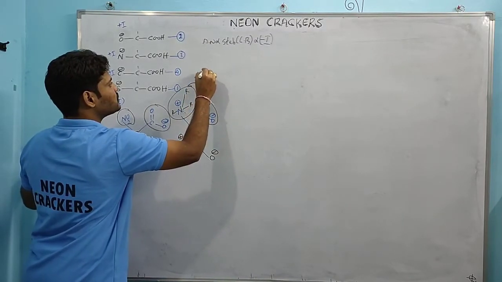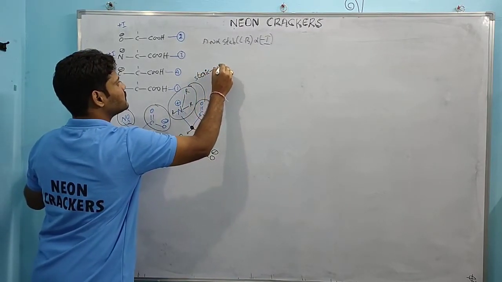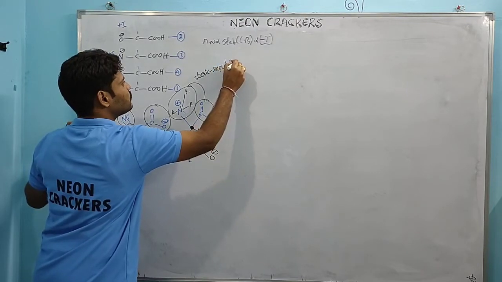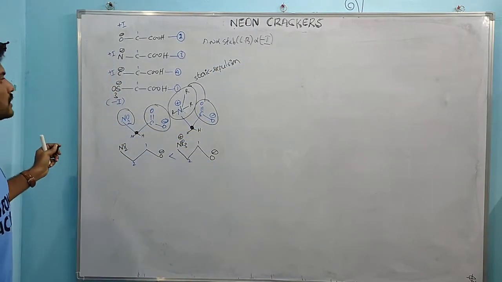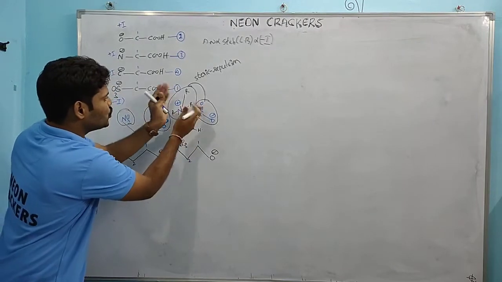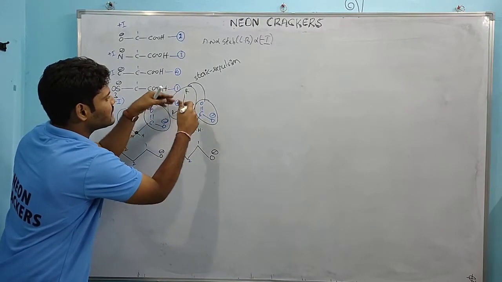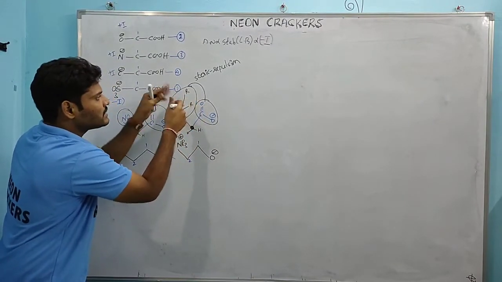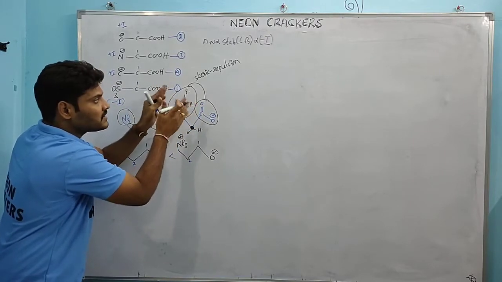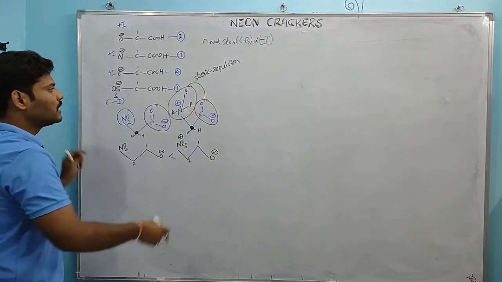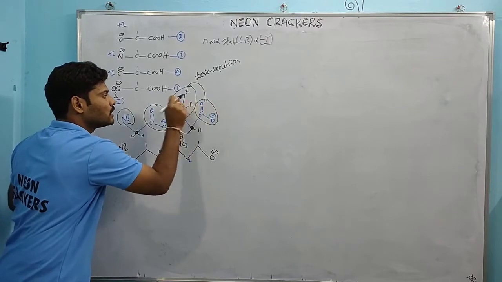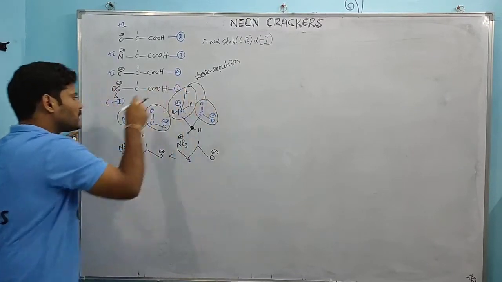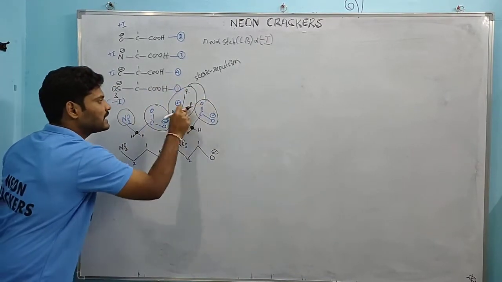Steric repulsions. A single carbon has two bulkier groups, so it is sterically unstable. That's why that conjugate base is unstable compared to this one, because of steric repulsions.